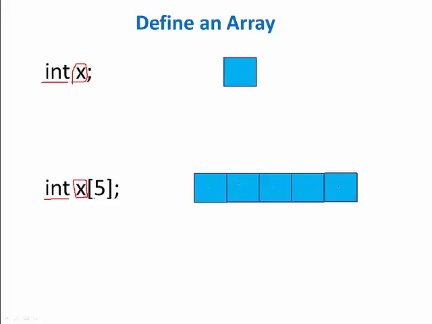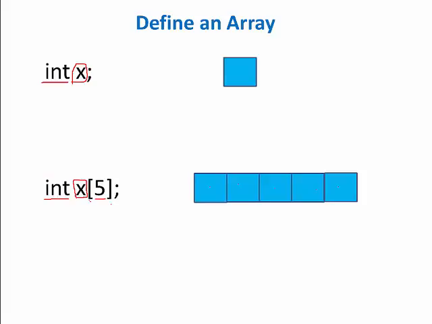The difference is that we have to specify the size, or how many elements are in that array. This is a number here, 5. It is defined between two square brackets, open bracket, close bracket. So this means we declare an array that's composed of 5 elements. Remember, all the elements are of type integer. This is how we define an array.